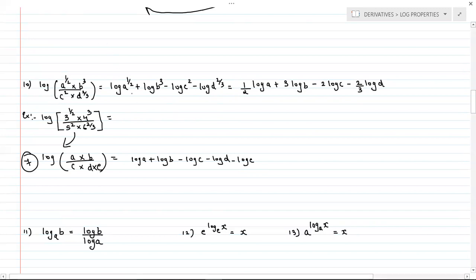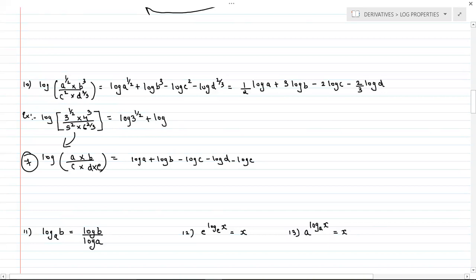So here, according to the property, it goes like this. We can write it as log. Just now we had converted 3 raised to 1 by 2 as A, 4 raised to 3 by B, 5 square as C, and 6 raised to 2 by 3 as D. So according to the law, it can be written as log A in the numerator.